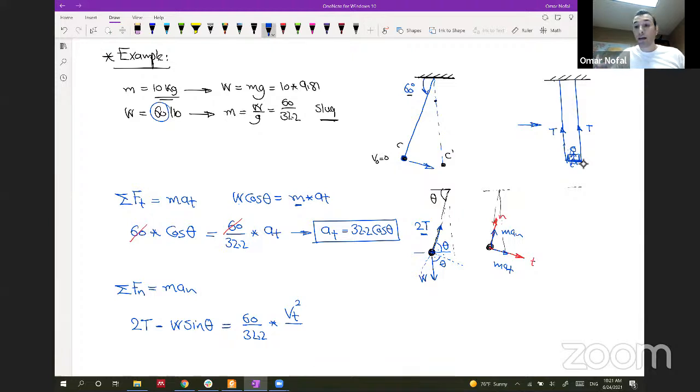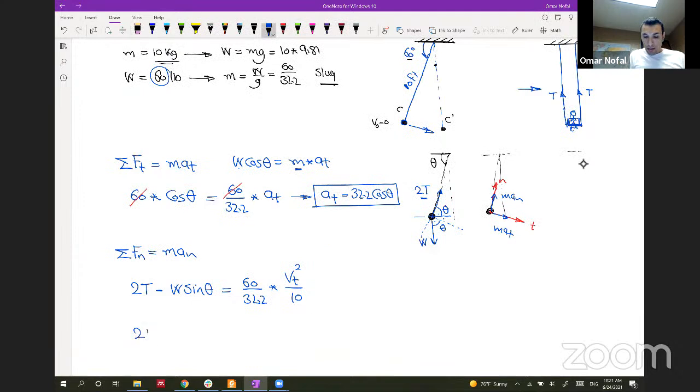And the radius, I think it's given 10 foot. So it's over 10. So 2T should be equal to 60, which is the W, multiplied by sine theta, plus 60 over 32.2 multiplied by the v tangent square over 10. So this is the second equation.